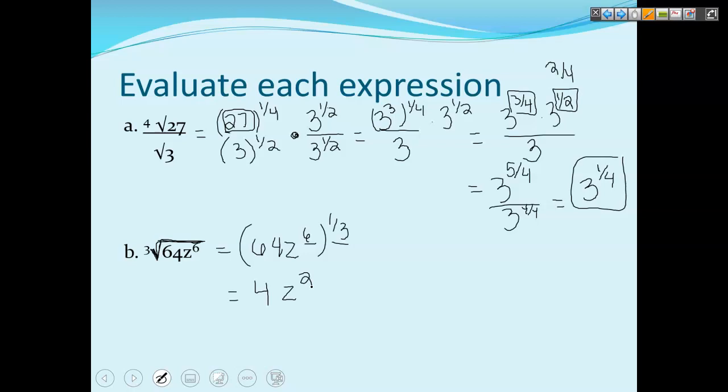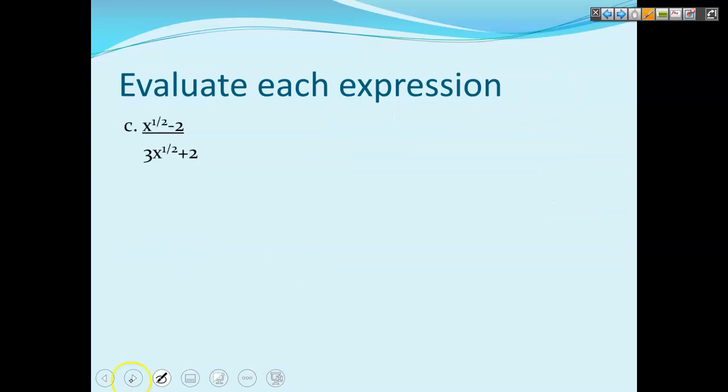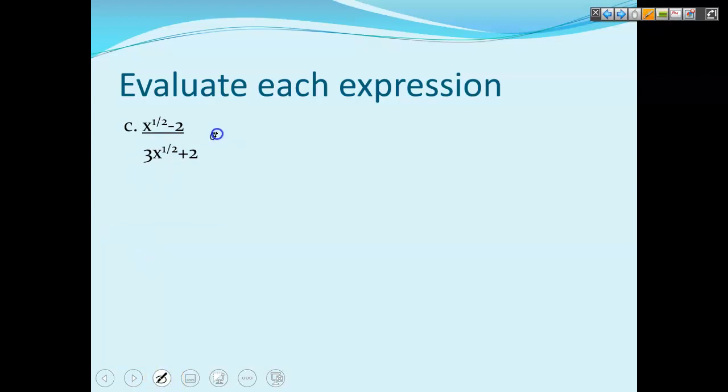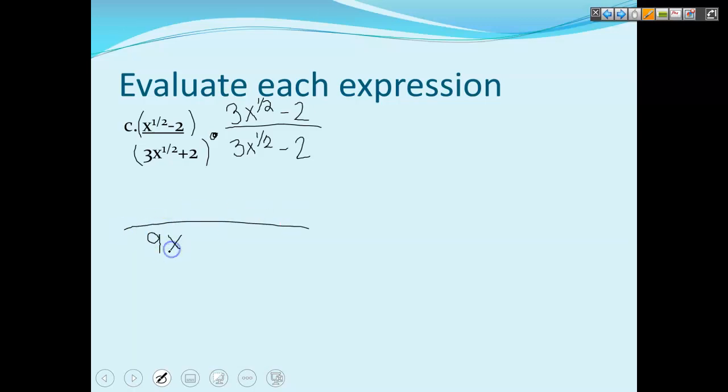And then the very last one, complex conjugate. We can't have a square root in our denominator, so we multiply by its conjugate. So the bottom, we already know 3x to the 1/2 times 3x to the 1/2 is 9x. A half plus a half is a whole.